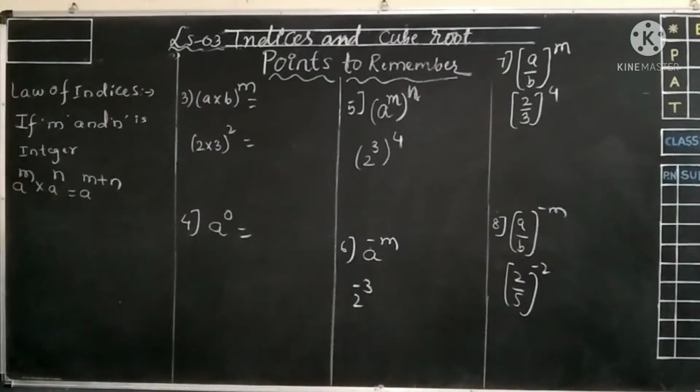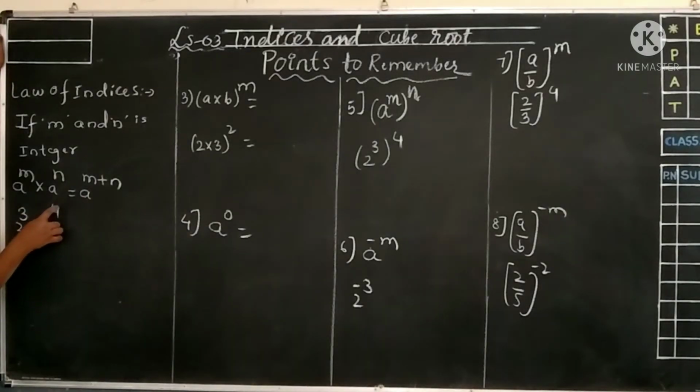Next, here we are taking one example: 2 to the power of 3 into 2 to the power of 4. Here a is given, a value is 2. Here also a value is 2.